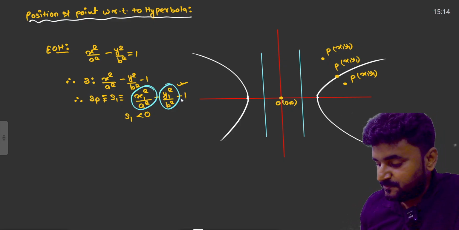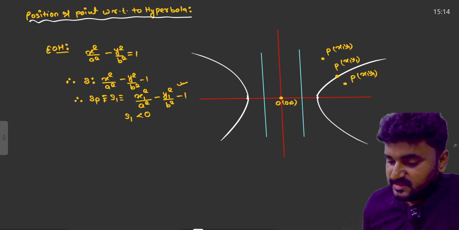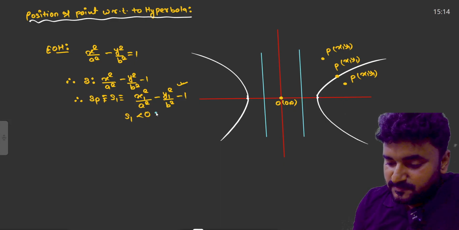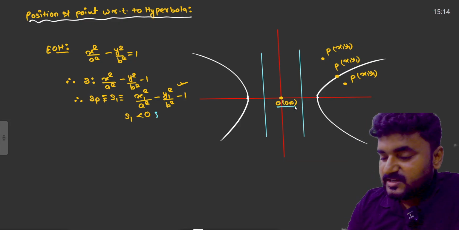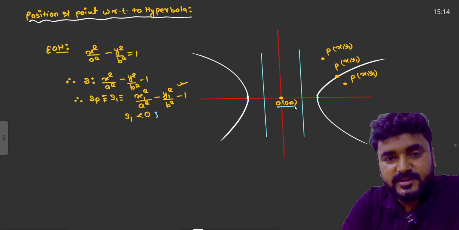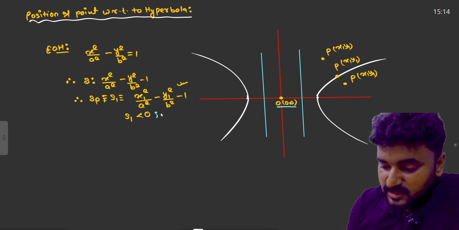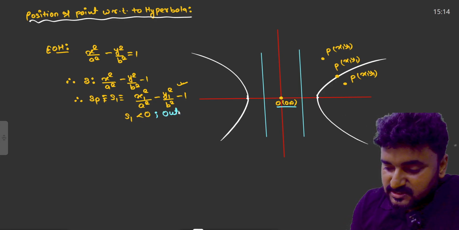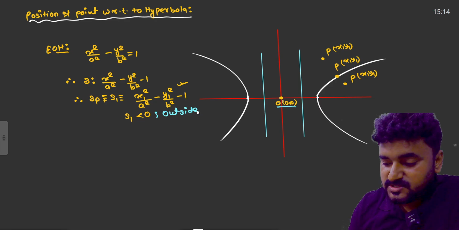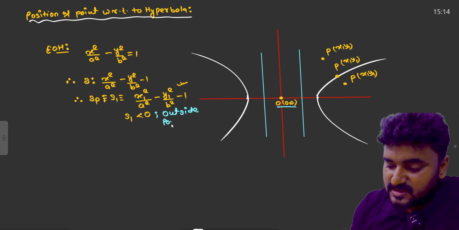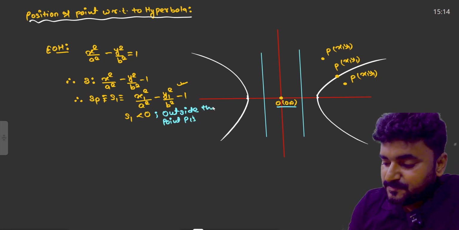So it is coming minus 1. It means S1 value is coming negative, and you can see this center 0 is outside the hyperbola. So if S1 is negative, then point P is outside the hyperbola.